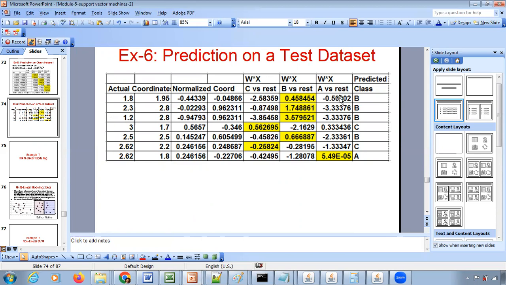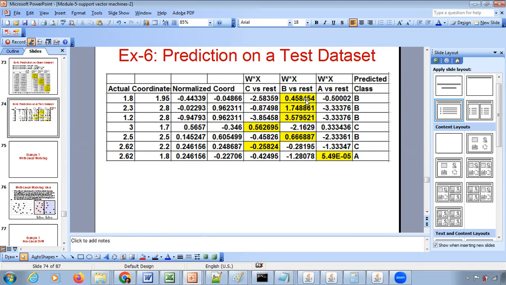Class A is stressed is less than 0. So we are looking for the greater one. You want something to be greater than 0 at least, preferably greater than 1, because the targeted class should be greater than 0.